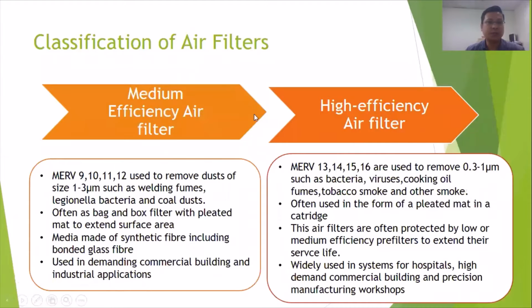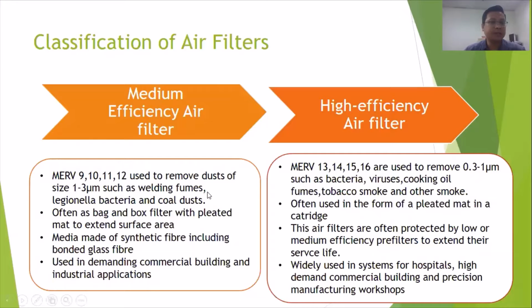Then we go to the higher classification, the medium efficiency air filter, which uses standard MERV 9 until 12. The size is within 1 until 3 micrometers, so now we come to smaller.